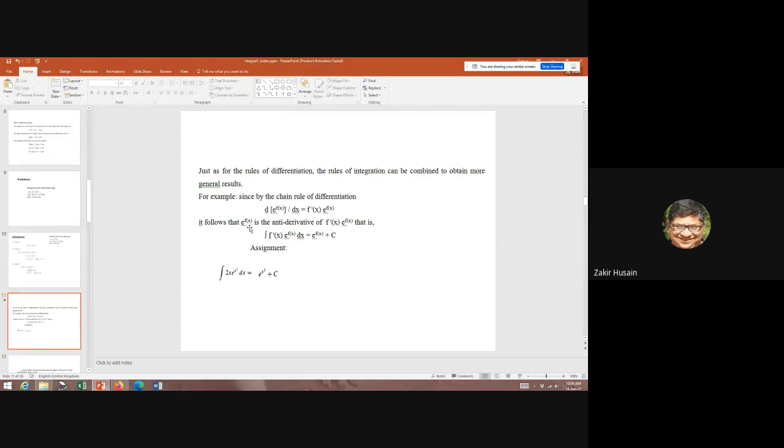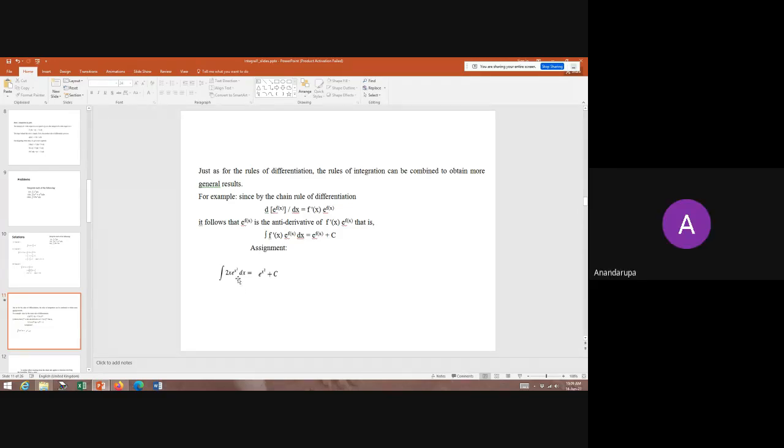Just look at this rule carefully. Look at this term. There is e to the power of fx, okay? If you take the derivative of fx, what happens? f prime x, right? So if you take the derivative of this, this is f prime x into e to the power of fx. Now if you take the derivative of x square, what will it be?